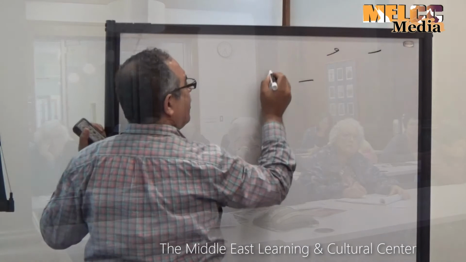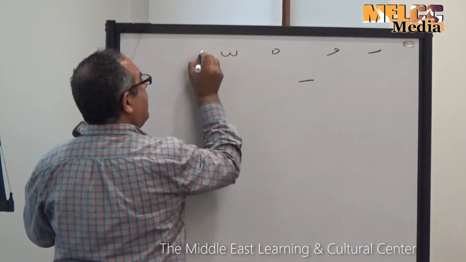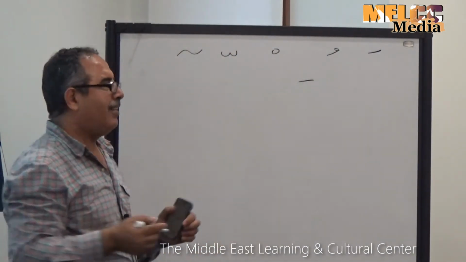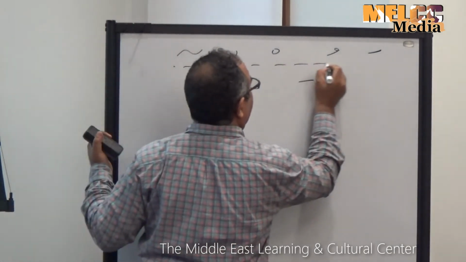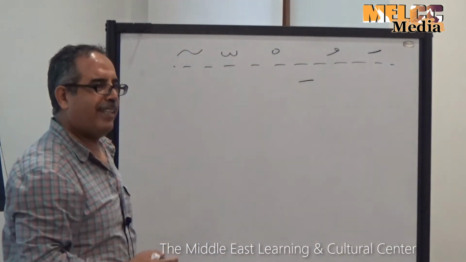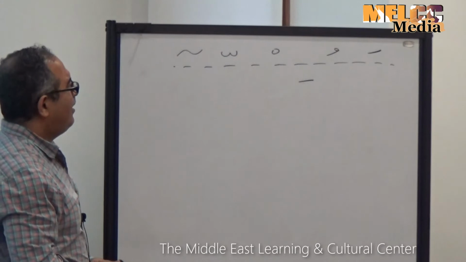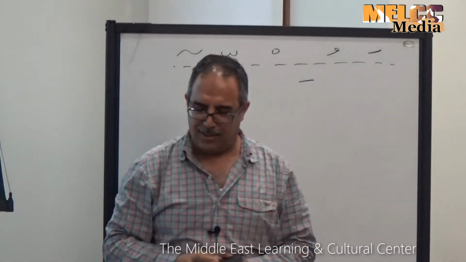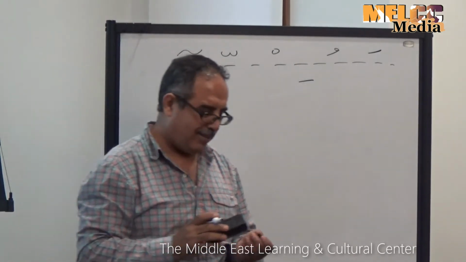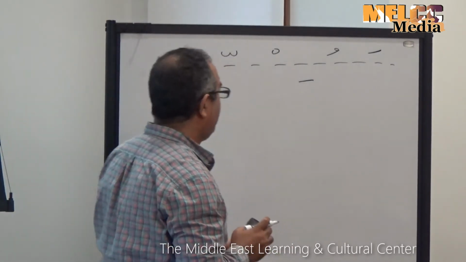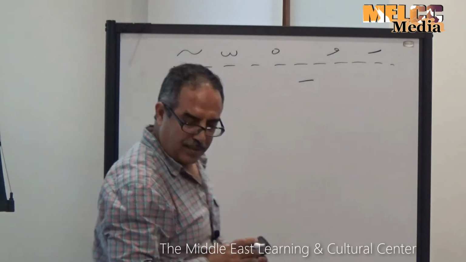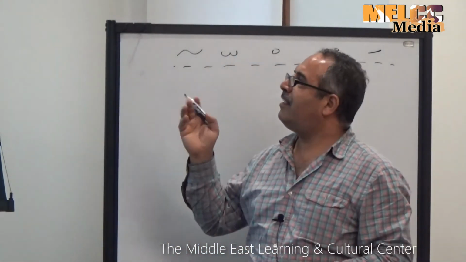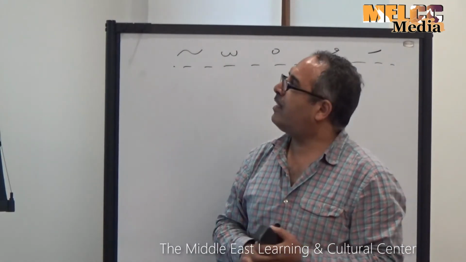We have fatha, dhamma, kasra, sukoon, shadda, and now madda. Okay? And there are a few more, but we will take them as we go if we cover everything. I thought to ask because you asked about that one, and it is good to know it now. All right, let's keep going.